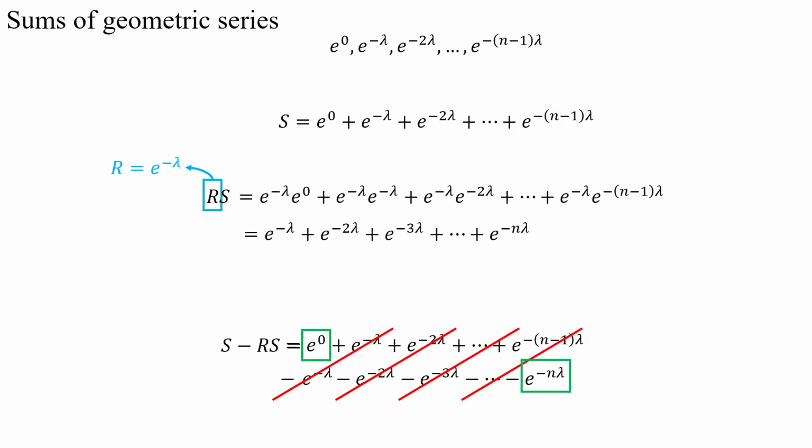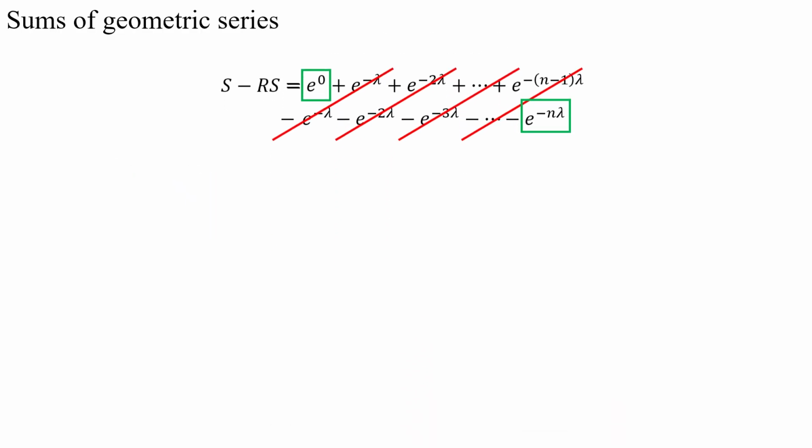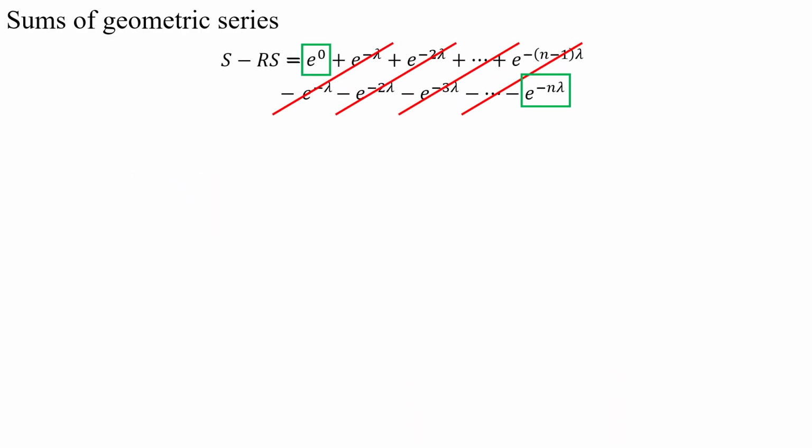So it turns out that S minus RS is the first term minus the last term. Here the first term is e to the 0, and the last term is negative e to the negative n lambda, where n is the peak, or the top of our sums, or the highest term in our series here.